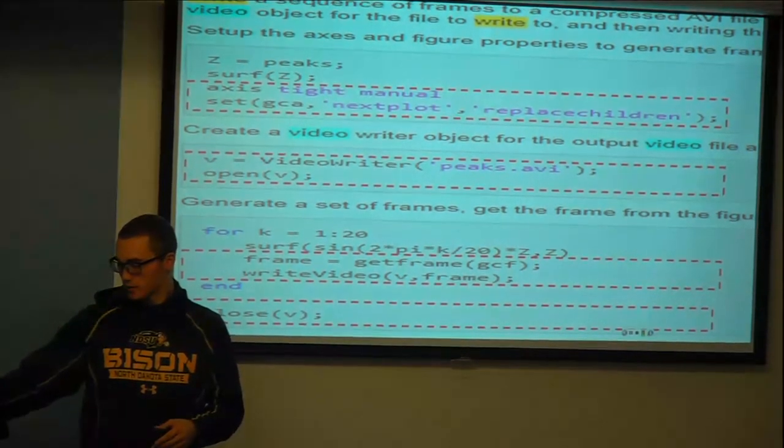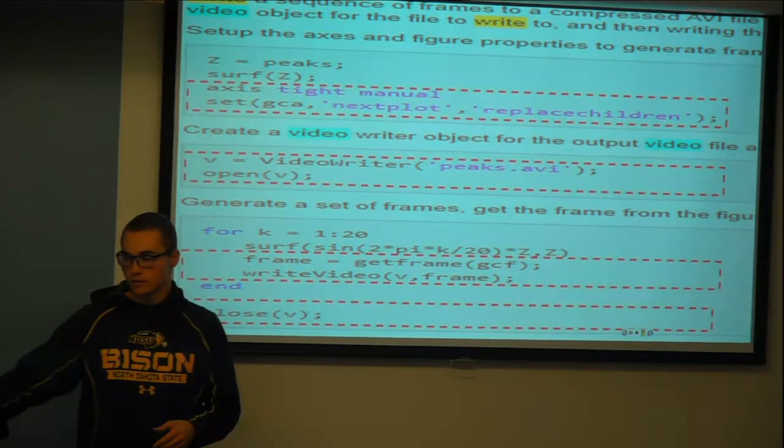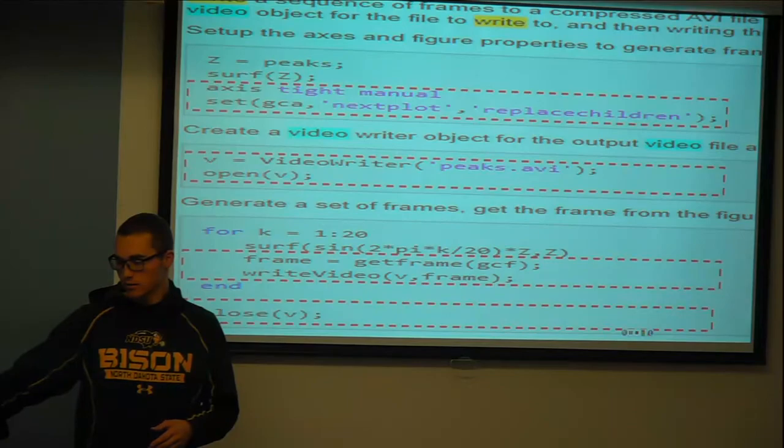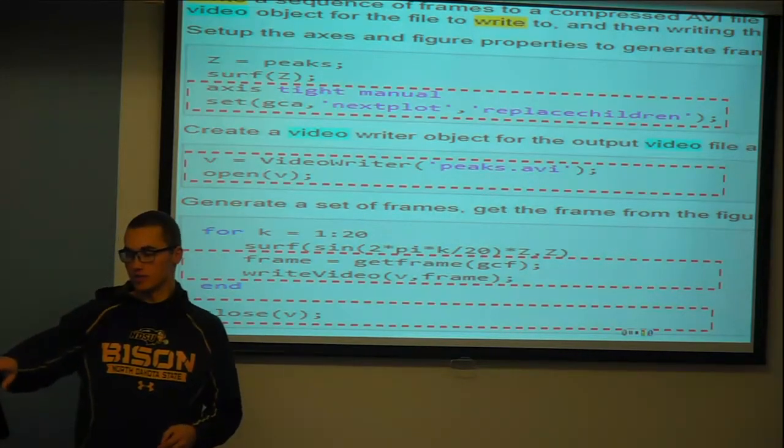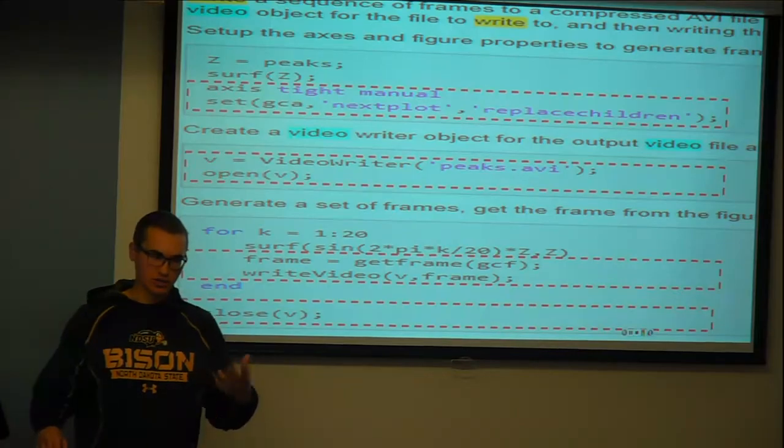When you are running the code, it creates a file. So what will be the name of the file here? Peaks dot what? Yes. So if you want to do something else, you just change this line. So v equals video variable. Peaks.avi, you can change the name.